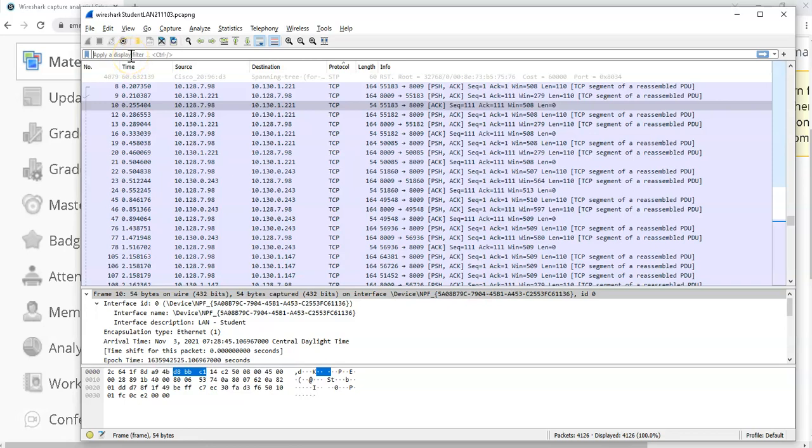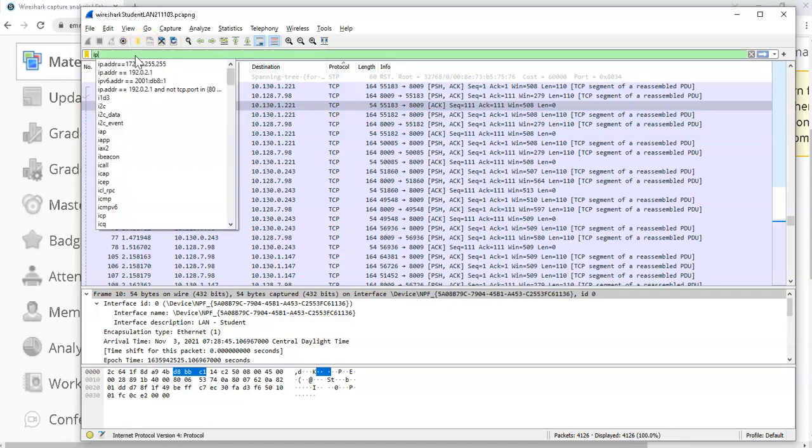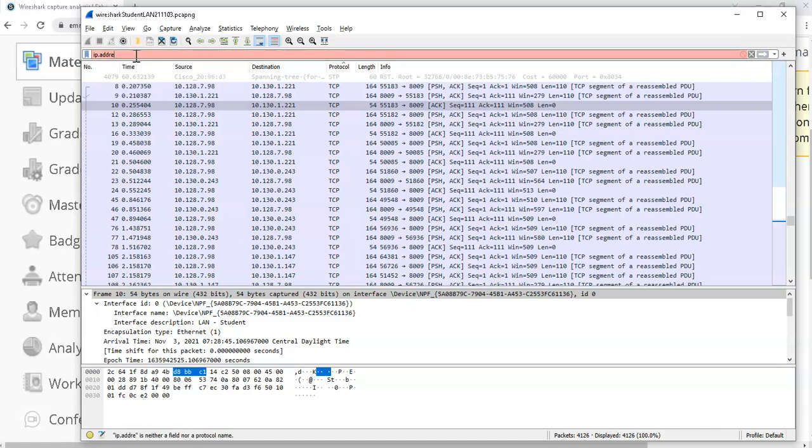So here's what I do to filter out everything that is not to me. First of all, I'm going to start with a filter, and I'm sorry I can't make that text larger. Up there in the display filter, type ip.addr. It gives you a little bit of autocomplete help. And I can do double equal, and then I put the address of the machine that's doing the capturing, 10.128.7.98.